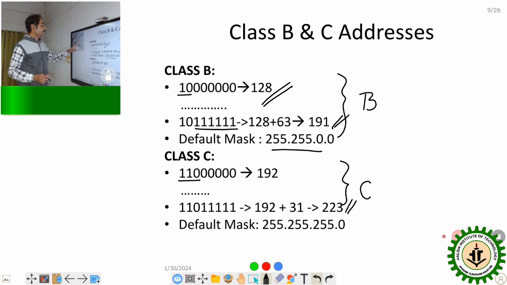For any IP given from class B, the network ID can be derived by performing the AND operation with this mask. The same is applicable for class C because there the first 3 bytes are responsible for the net ID, so 255.255.255.0 will be the default mask.